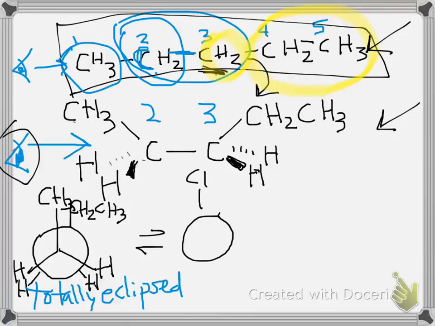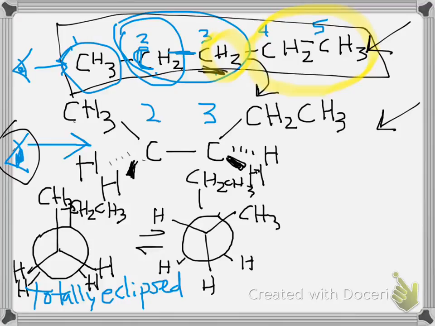So my back is still the same. My front now has changed. So the CH3 is here, hydrogen, hydrogen, and this conformer is called gauche because the two largest groups are 60 degrees apart on the dihedral angle.